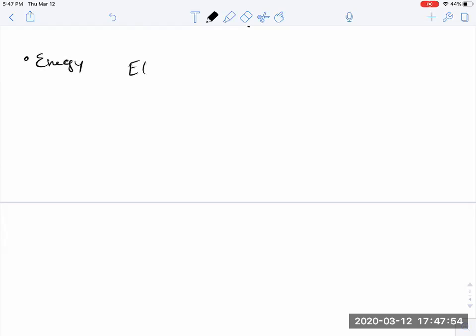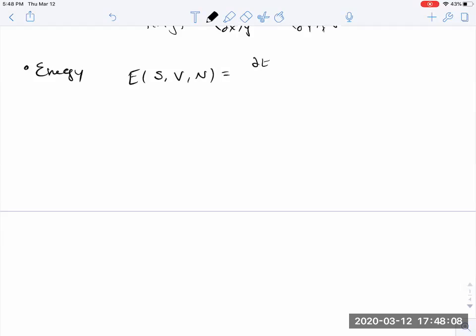So the energy, being a natural function of entropy, volume, and number of particles, that it's homogeneous in each of those variables means that I can write the energy as how the energy changes with entropy at fixed volume, number of particles times entropy, plus how it changes with volume at fixed entropy, number of particles times the volume, plus how it changes with particle number times particle number if I was to fix that derivative at constant entropy and volume.